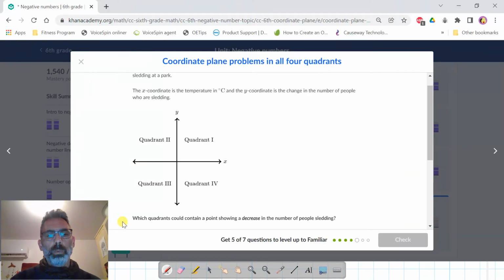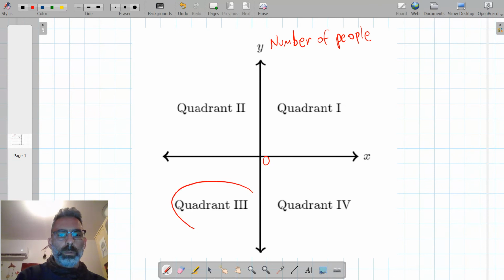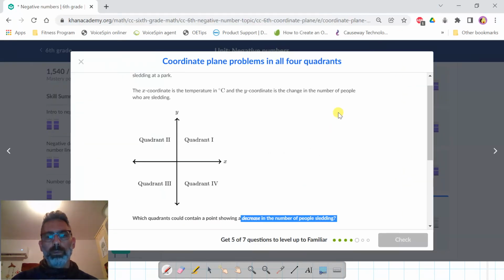So which quadrants could contain a point showing a decrease in the number of people sledding, which means we need to go below 0 on the y-axis. So this quadrant and this quadrant have negative numbers for the y-axis, quadrant 3 and quadrant 4.